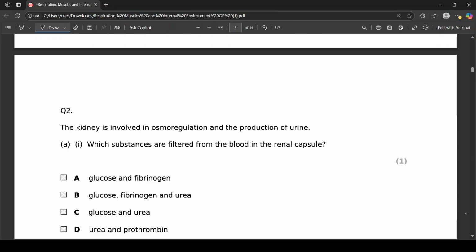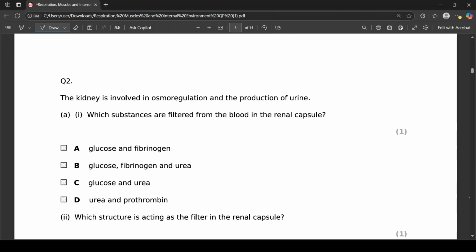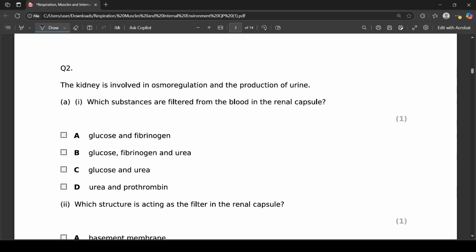Okay. Question number 2 says, the kidney is involved in osmoregulation and the production of urine. Which substances are filtered from the blood into the renal capsule? So we have to choose the correct answer.